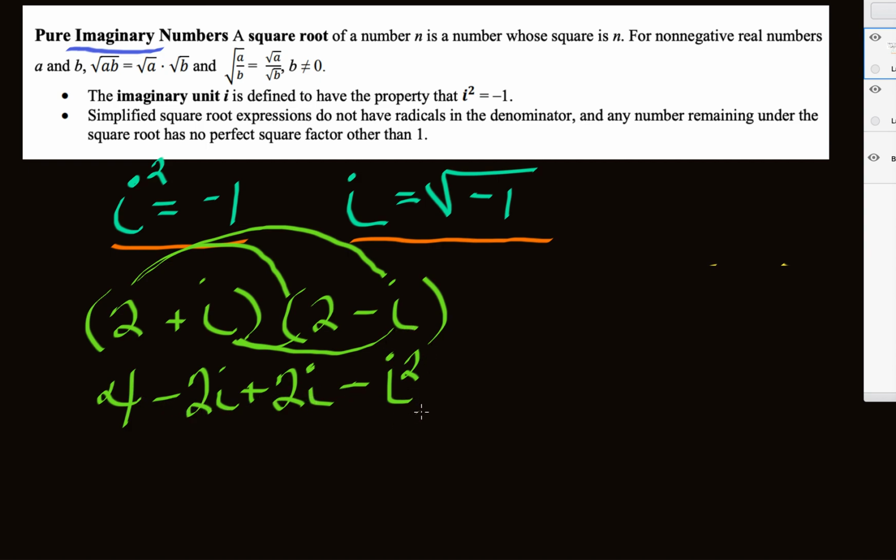Now, we have a value for this, and we are going to evaluate this. All right, so first things first, 4 minus 2i plus 2i, they are opposites of each other, so they're going to cancel each other out. Then we're going to have minus, and i squared has a value, right?